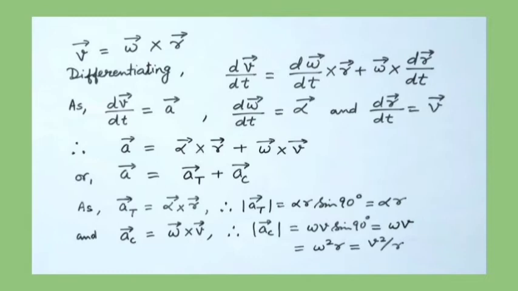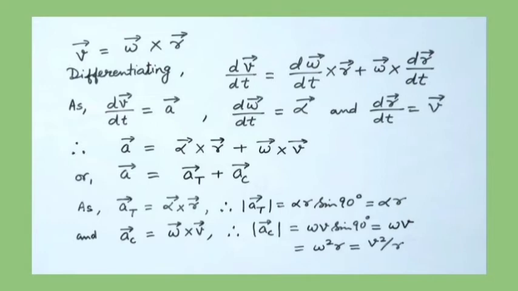So, differentiating both sides with respect to time, dv by dt is equal to d omega by dt cross r plus omega cross dr by dt. As dv by dt is equal to a, d omega by dt is equal to alpha and dr by dt is equal to v.